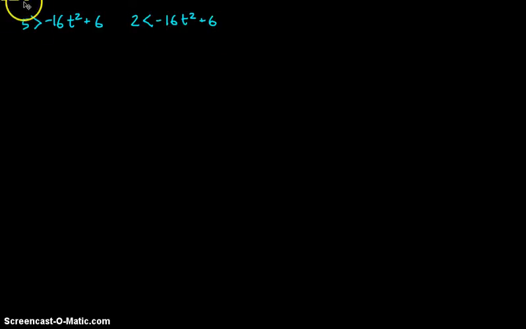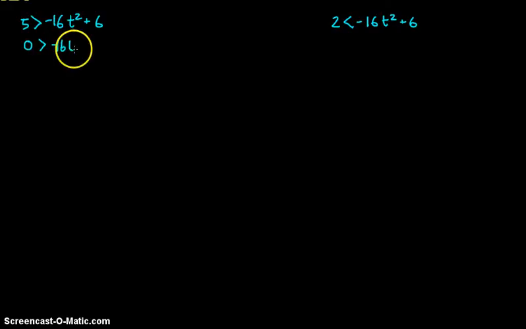This guy goes over here, this guy goes over here, and we're going to start off with the 5. First things first, I'm going to move that 5 over because I don't like it there. So I'm going to end up with 0 is greater than negative 16t squared, and that's 5 off of 6, so I got 1.